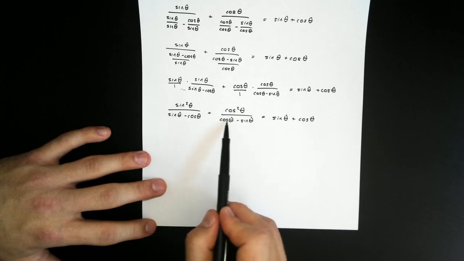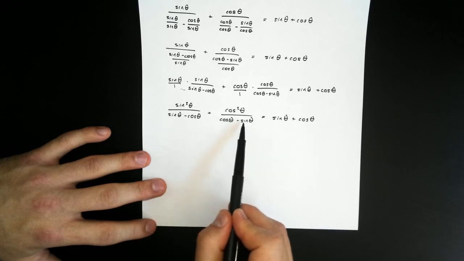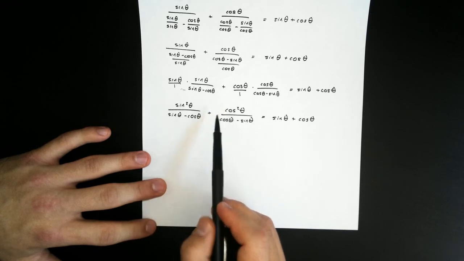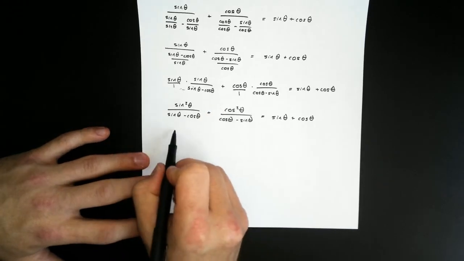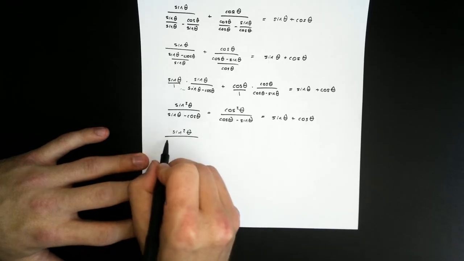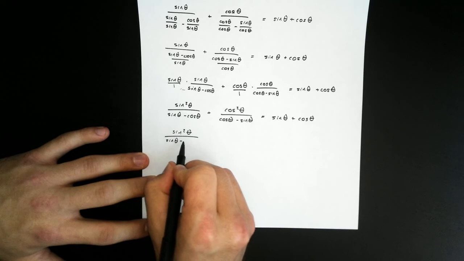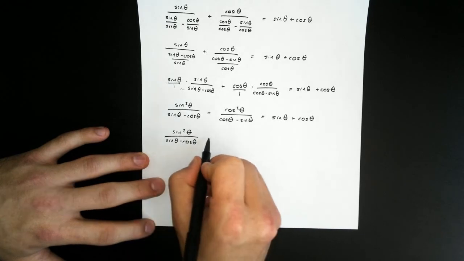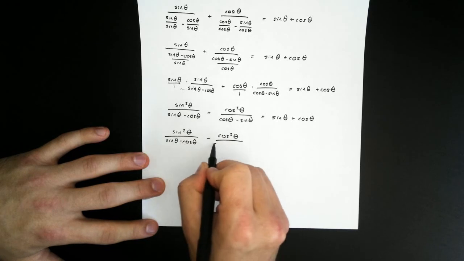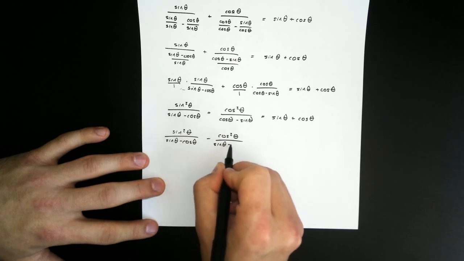If I factor out a negative 1 here, this will switch both of these signs, and I'll end up with a negative cosine, a positive sine, and then this cosine squared up top will just be negative. So factoring out the negative 1 will give us that common denominator. So cosine squared will turn into minus cosine squared, and our two signs switch here.